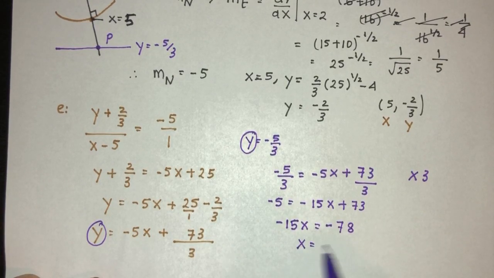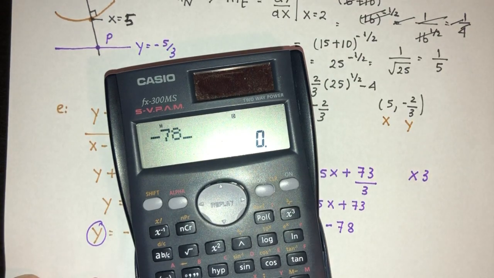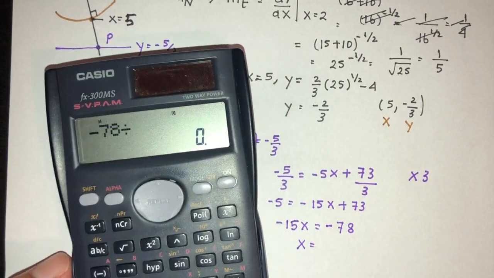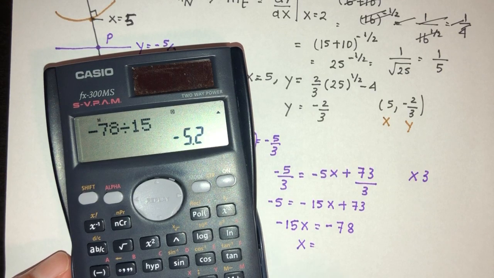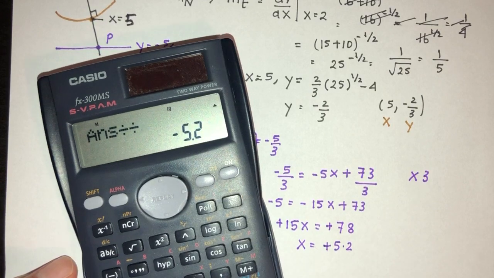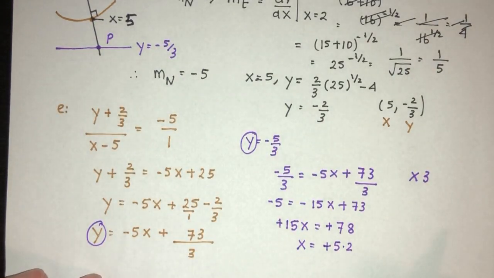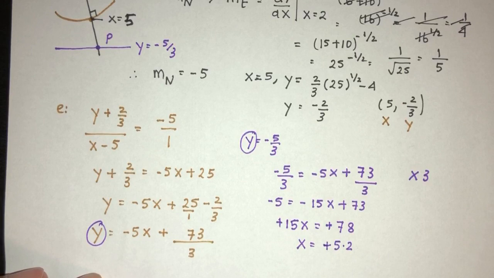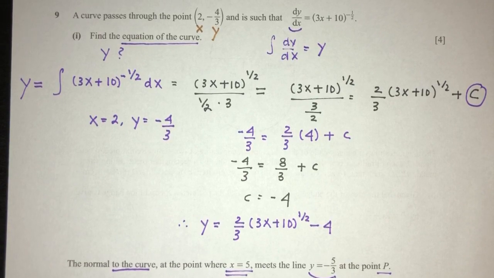So x will be minus 78 divided by minus 15, which is 5.2. It should be positive because the negatives cancel out, right? So this is my answer for this question, and that is your question number 9. Okay, let's move on to question number 10.